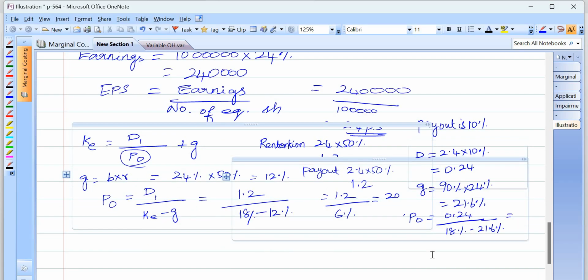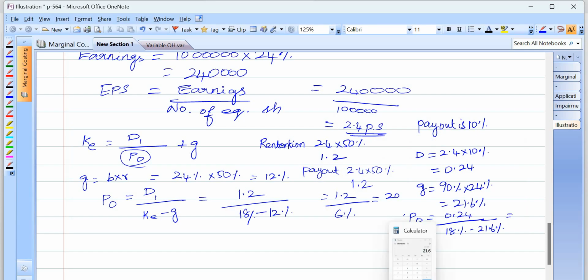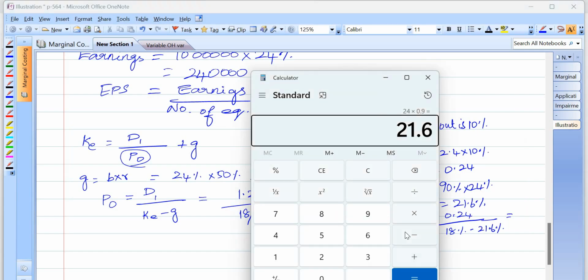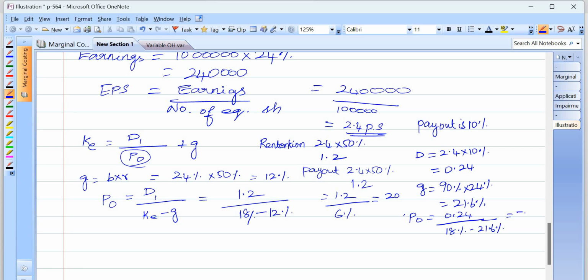So there is no value in this share. 3.6, 0.24 divided by 3.6 percentage. So minus 6.67 rupees. So there is no value in this particular payout.